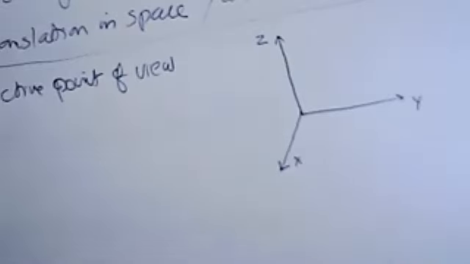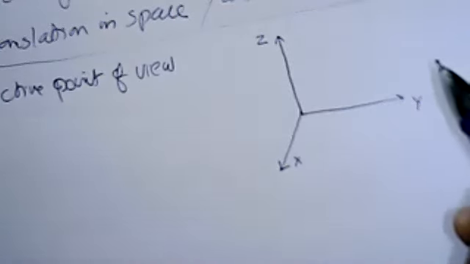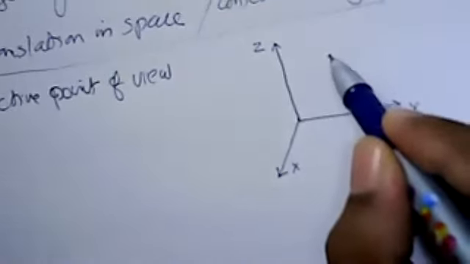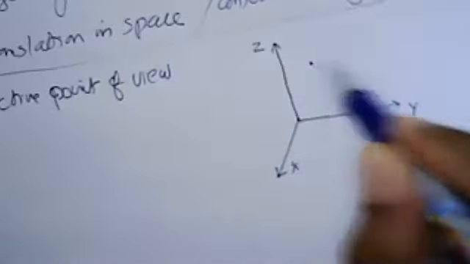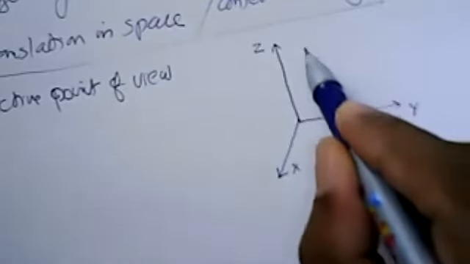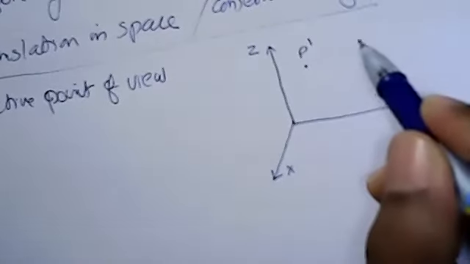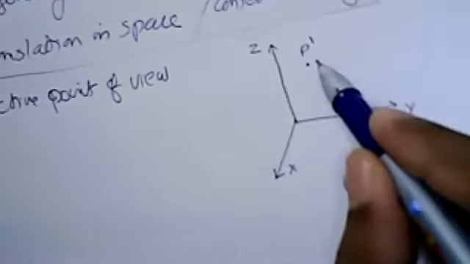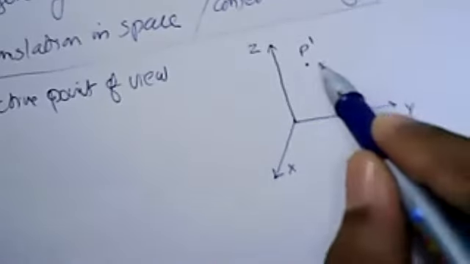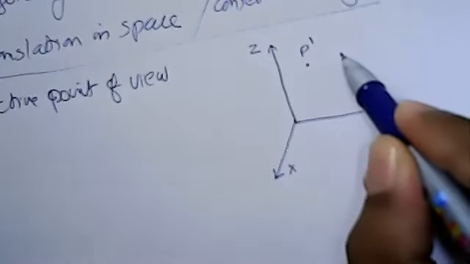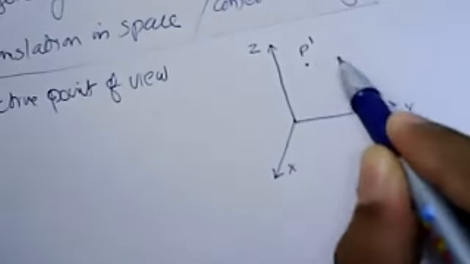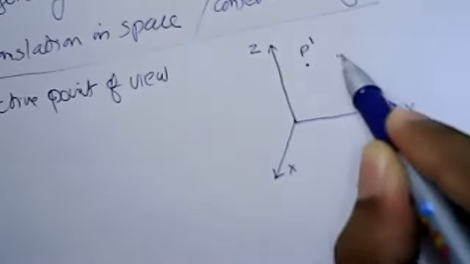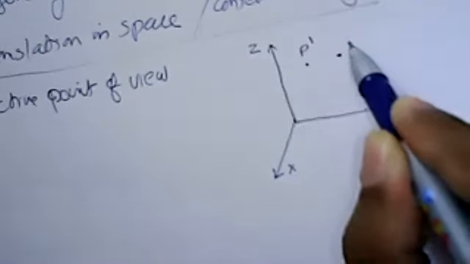Then consider the particle at point P. Let initially the particle be at point P dash. Then after translation, let it move along the x direction only, for simplicity. Finally it reaches the point P.